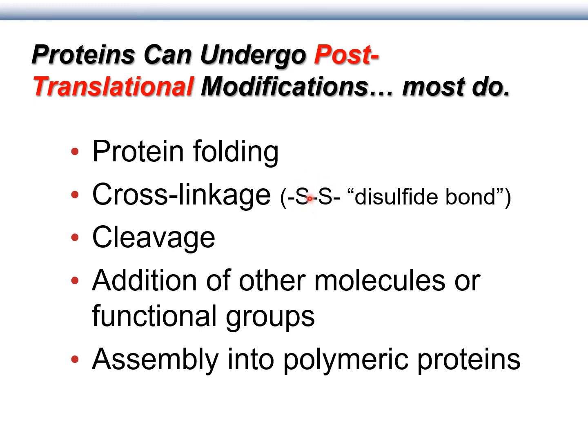The more of these, the more robust the folding structure is. Sometimes proteins need to be very robust this way, others not so much. Cleavage, chopping it into smaller pieces. Addition or subtraction of functional groups, and then polymeric situations where you have other peptides and you create a multi-protein complex.